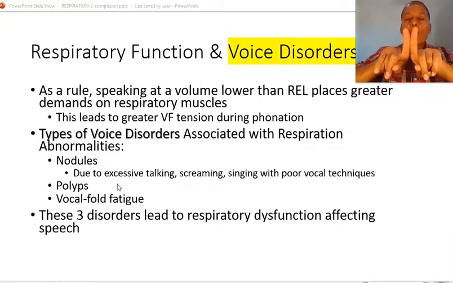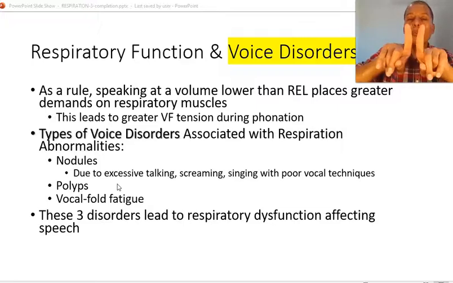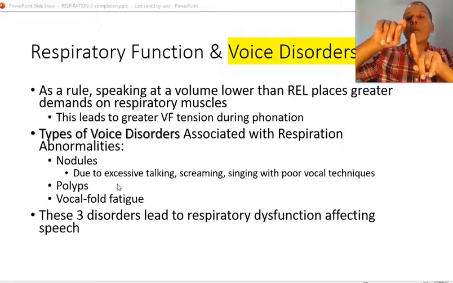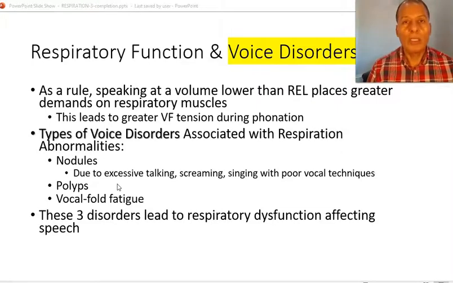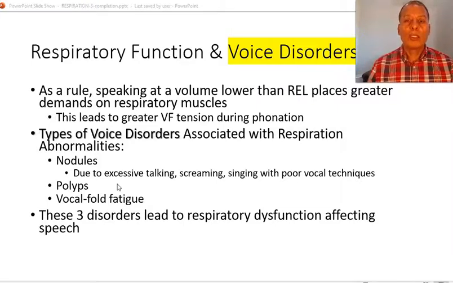The vocal folds just meet at the spot where the nodules are, but then above them and below them there is a space where the air just leaks out. So that is going to affect the pressure. It will affect how much air you will have left in the lungs that you can use to speak as you continue speaking.